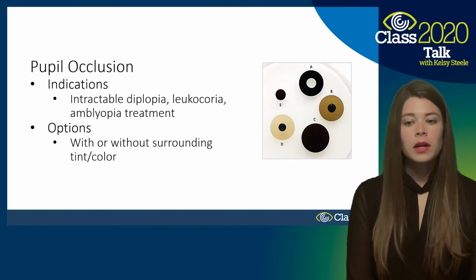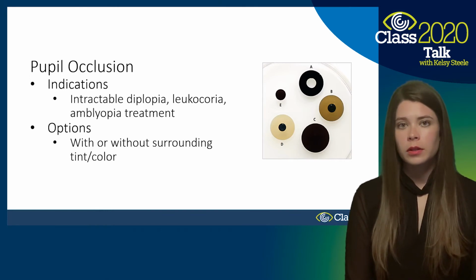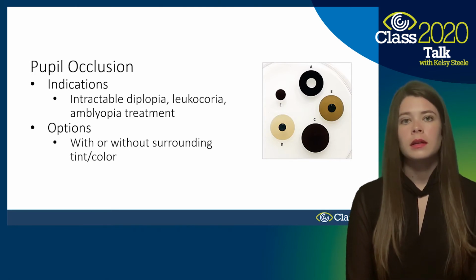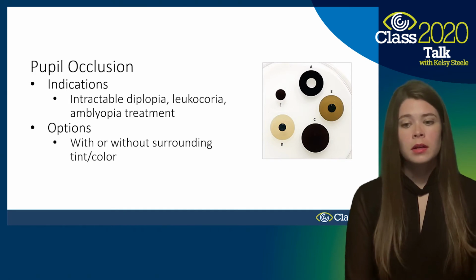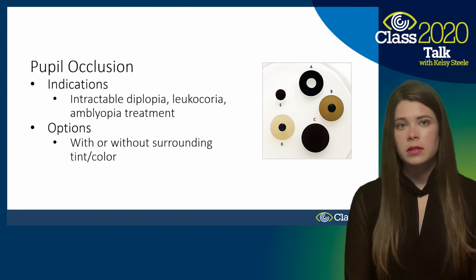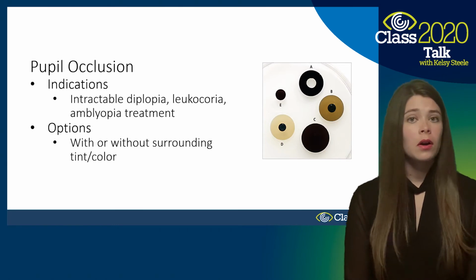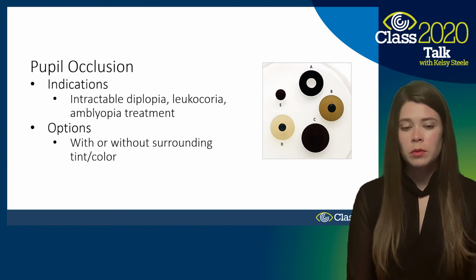So our last kind of colored option is a pupil occlusion option. I talked a little bit about that with the painted and with the printed versions. The indications for this are going to be patients that don't have usable vision and maybe have a scar or opacification within their pupil.